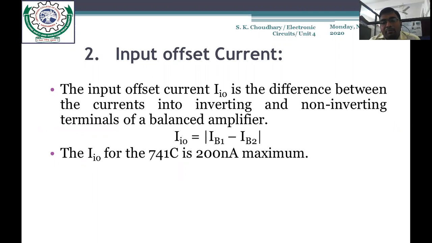So you can consider IB1 is applied to the non-inverting terminal and IB2 is applied to the inverting terminal of the op-amp. And the value of the input offset current for 741 is 200 nanoampere maximum. Okay.